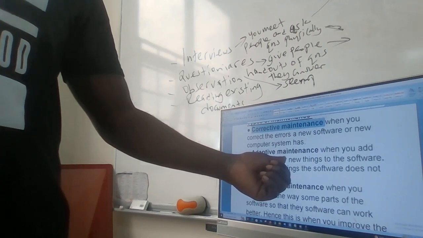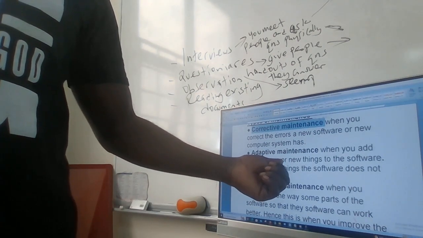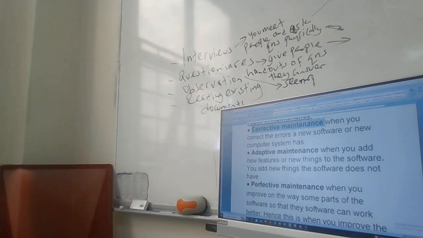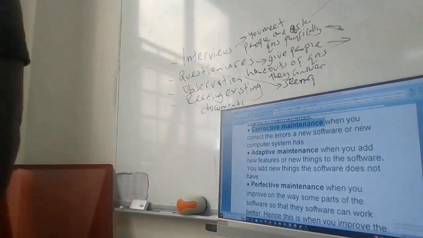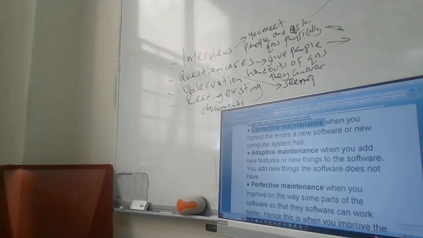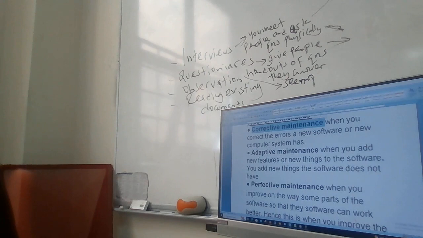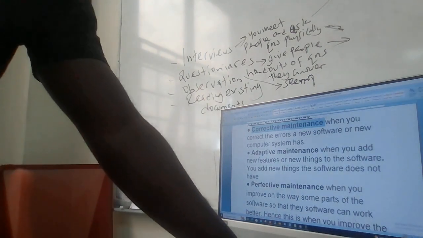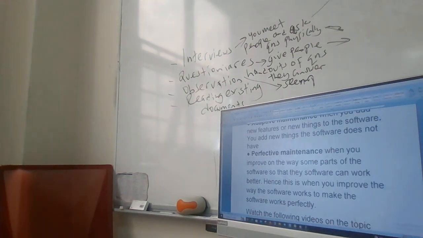If you find out in evaluation that it needs new features, you must add them. That's called adaptive maintenance: adding new features to the system, the things it didn't have before. Then lastly, perfective maintenance.